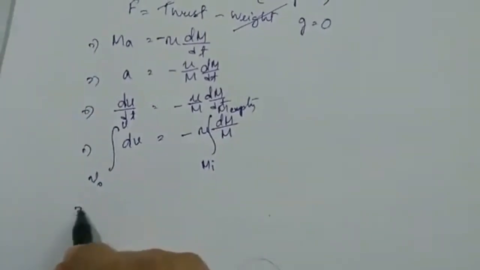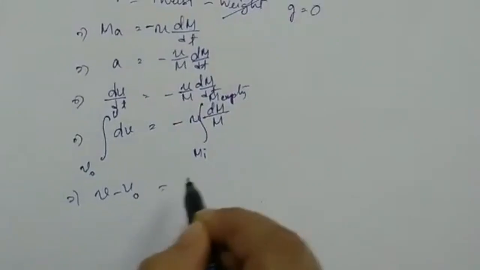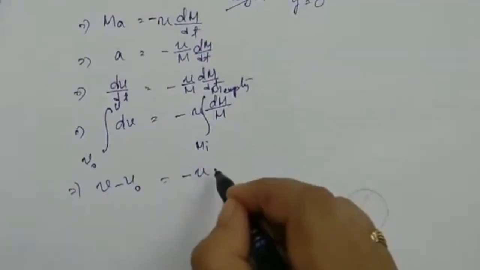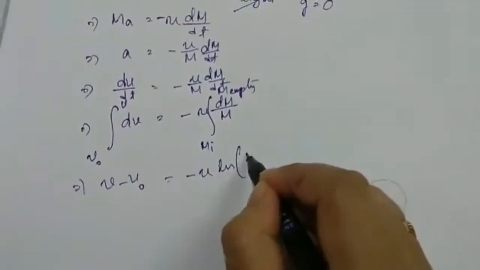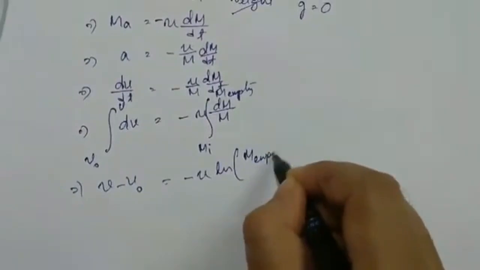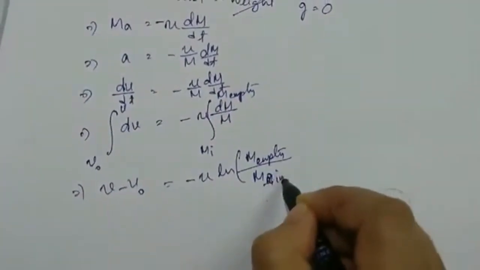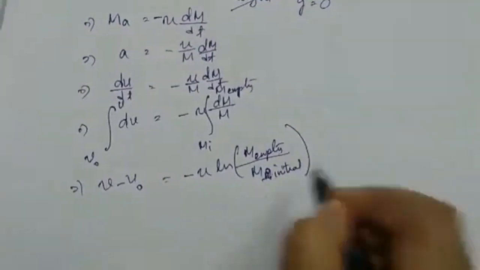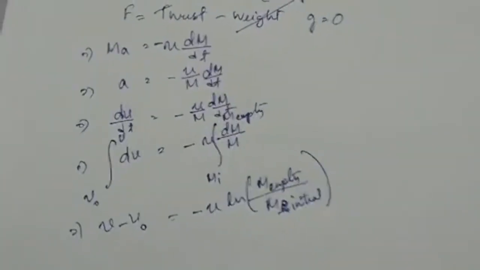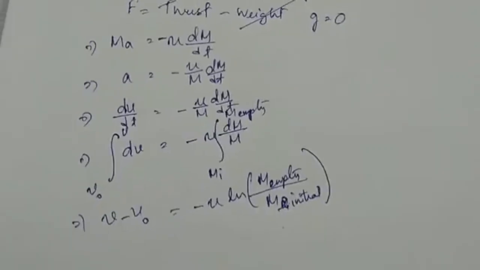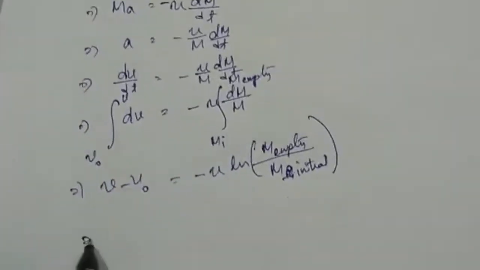So you know that v minus v naught is equal to u ln m empty by m initial. I'm not showing each and every step. You should check in the note and also do it by yourself. If you have any doubt, you can ask me. It is simply mathematics, nothing to do with physics.